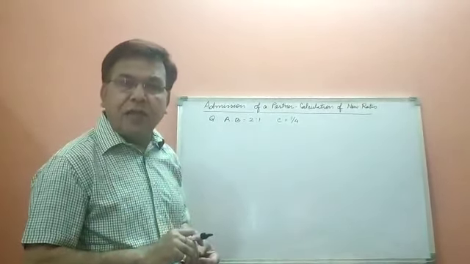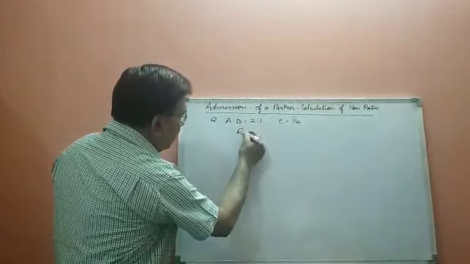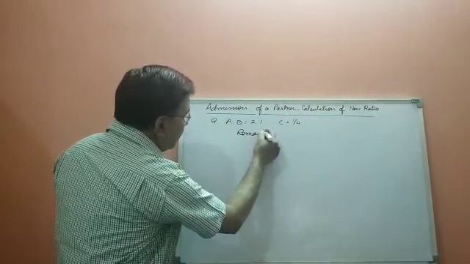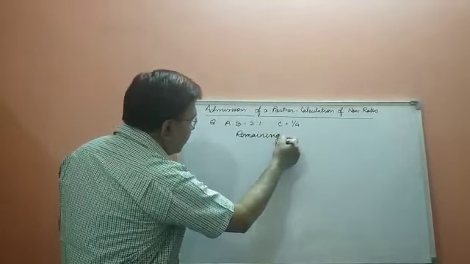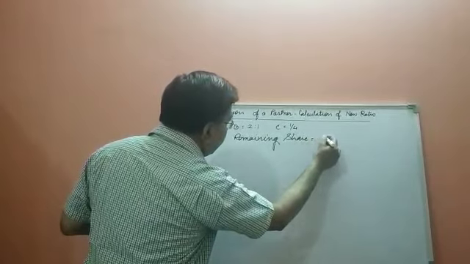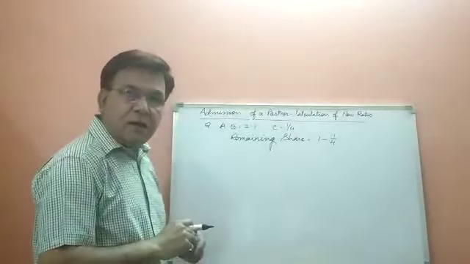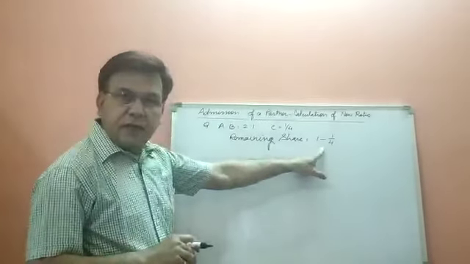So we'll have to calculate the remaining share. See how. Remaining share is equal to 1 minus 1/4. You must be knowing how to calculate this.